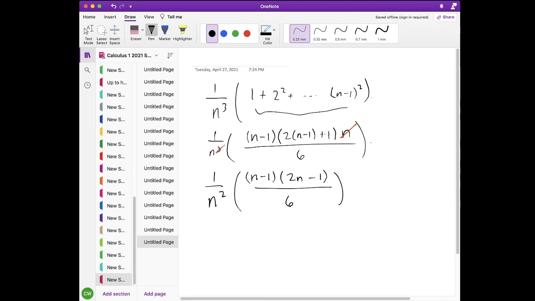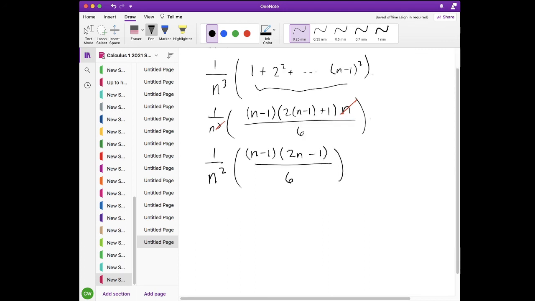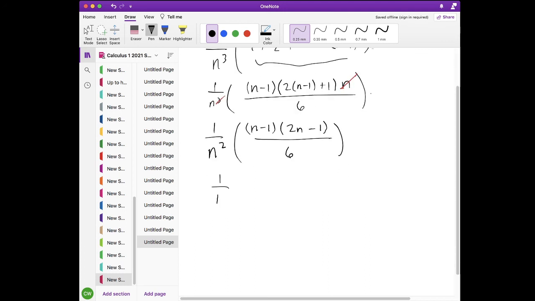2n minus 2 plus 1 minus 1. Now let's distribute. 2n squared minus n minus 2n squared. Wait, what did I do? Sorry, minus 3n plus 1 over 6.